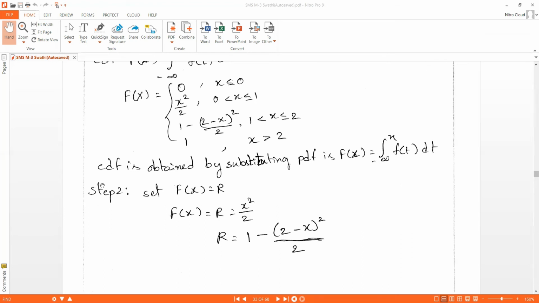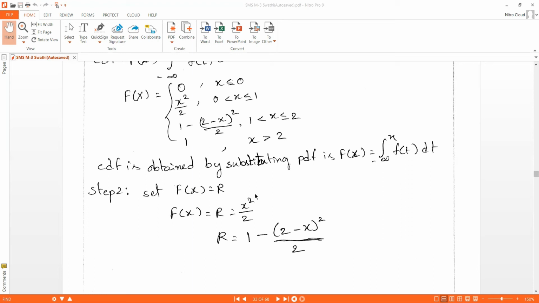Now the CDF is obtained by substituting this PDF, f of x, into this equation, that is F of x equals the integral from minus infinity to x of f of t dt. Okay, now in step 2, we set F of x equal to r.